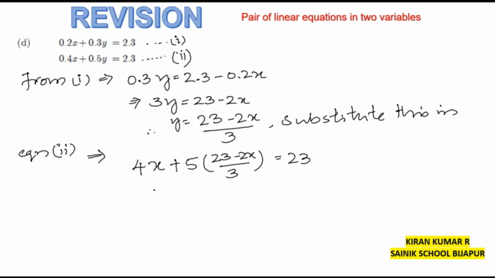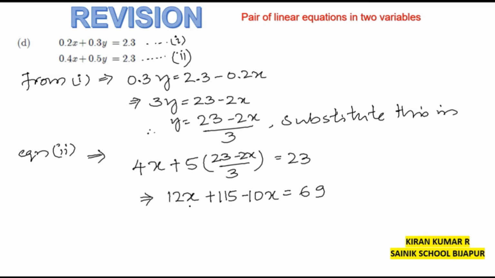Now take the LCM. The LCM will be 3. Therefore, this becomes 12x plus 115 minus 10x equal to 69.